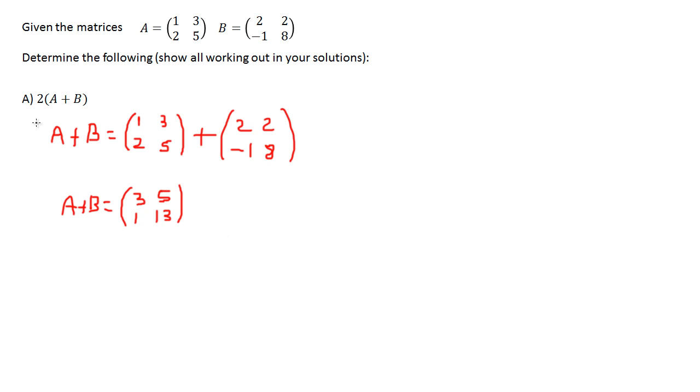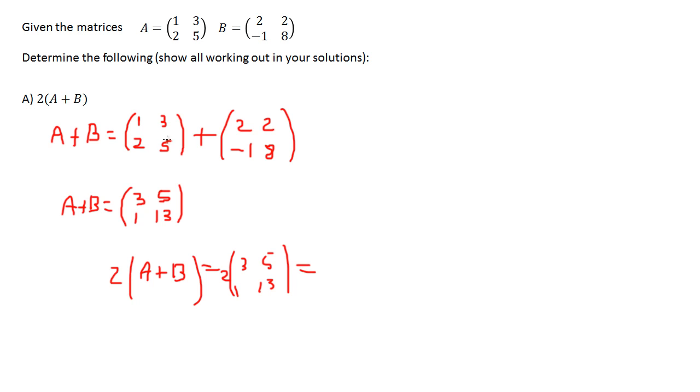We want 2 times (A plus B), and this will be 2 times A plus B, which in terms is the same as 2 times 3, 5, 1, 13. So it's 2 times this.